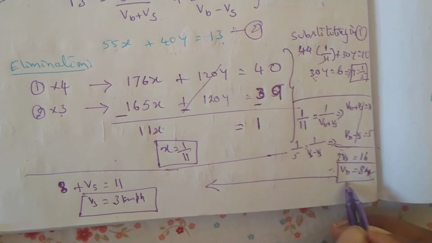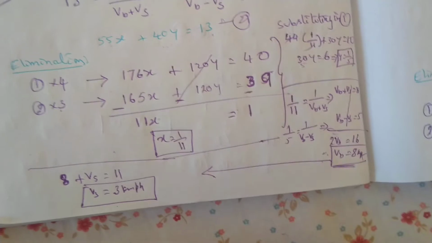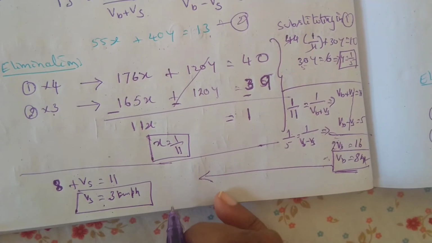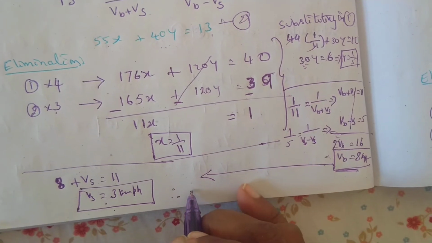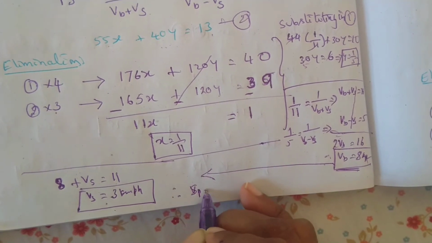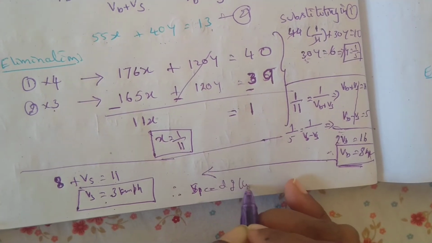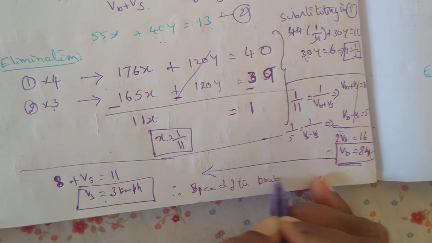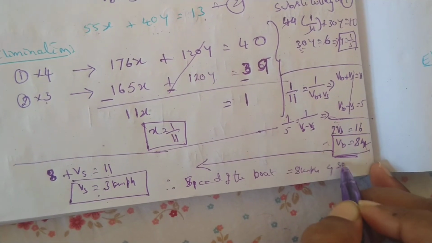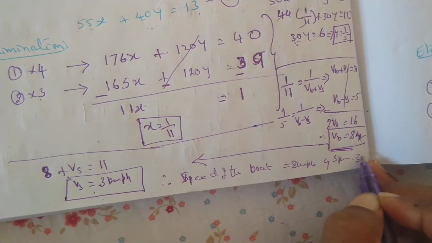So what did we get the boat velocity to be? 8 km per hour. And the stream velocity is 3 km per hour. You know how to write the conclusion. Therefore, velocity of the boat or speed of the boat is equal to 8 km per hour and speed of the stream is equal to 3 km per hour.